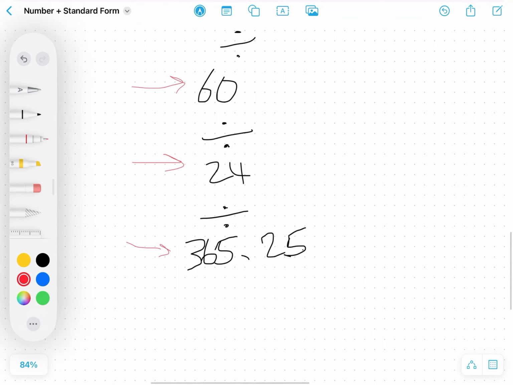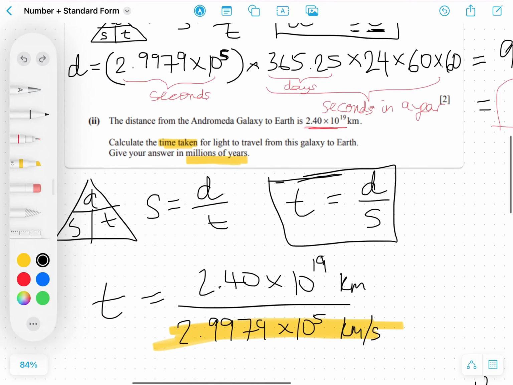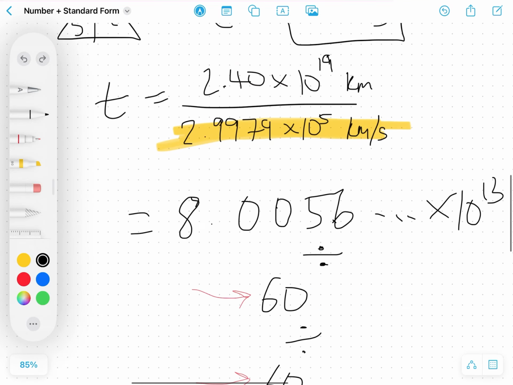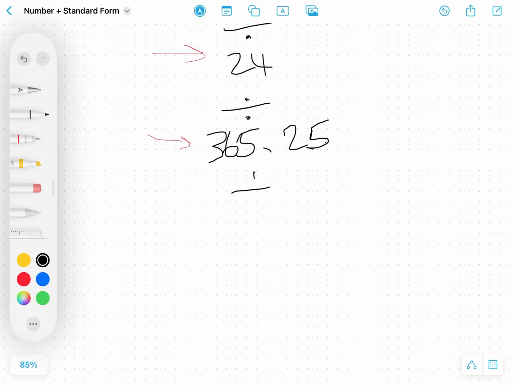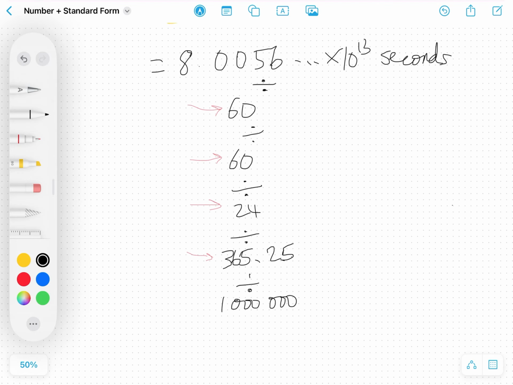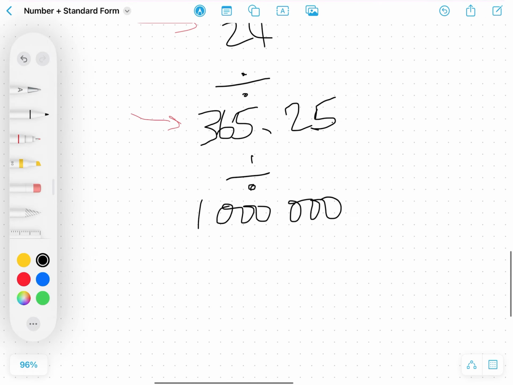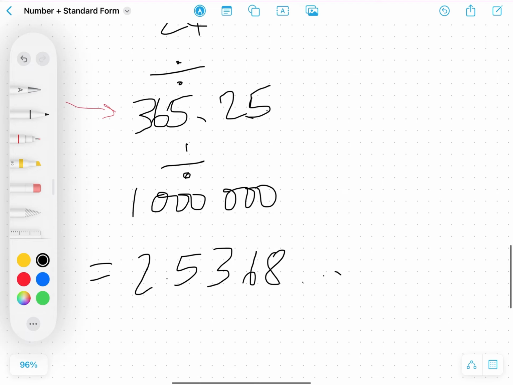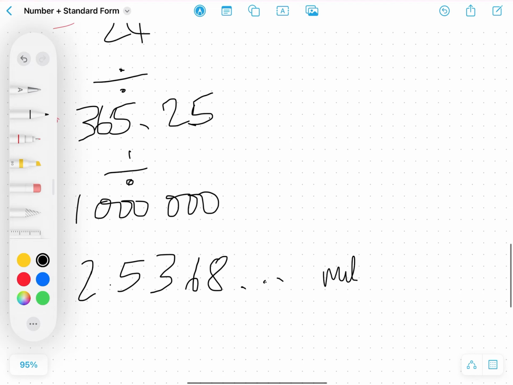But finally, we need to divide by 1,000,000, because it's telling us to give our answer in millions of years. So divide this by 1,000,000 now. And now if you perform the calculation on the calculator, you should be getting an answer of 2.5368 million years.